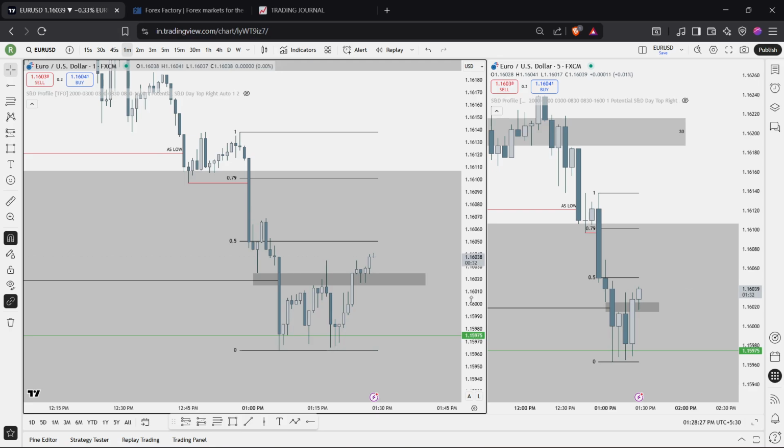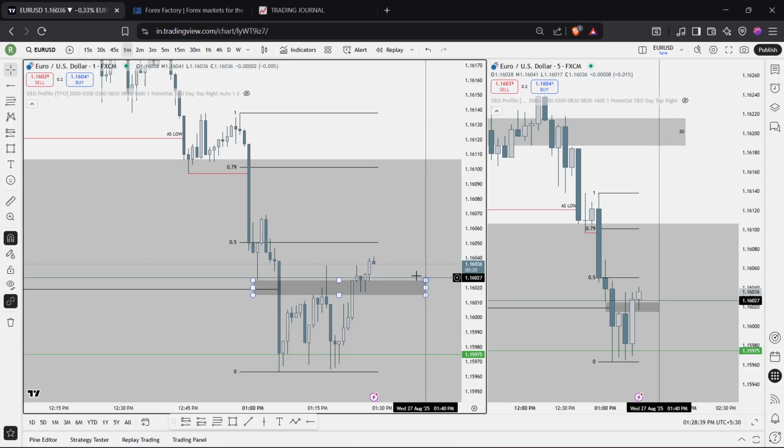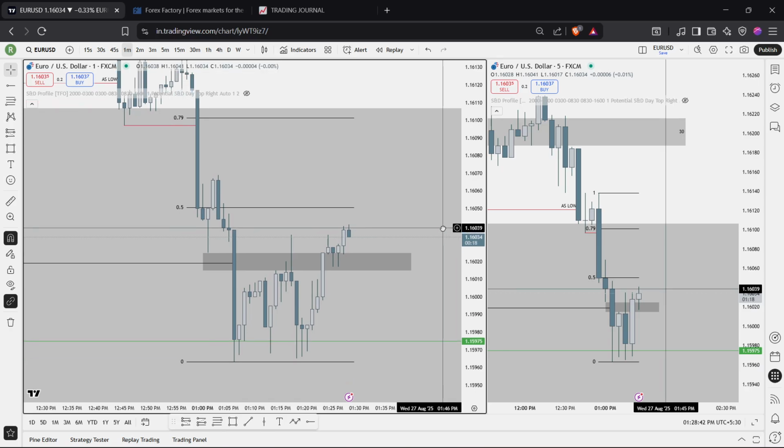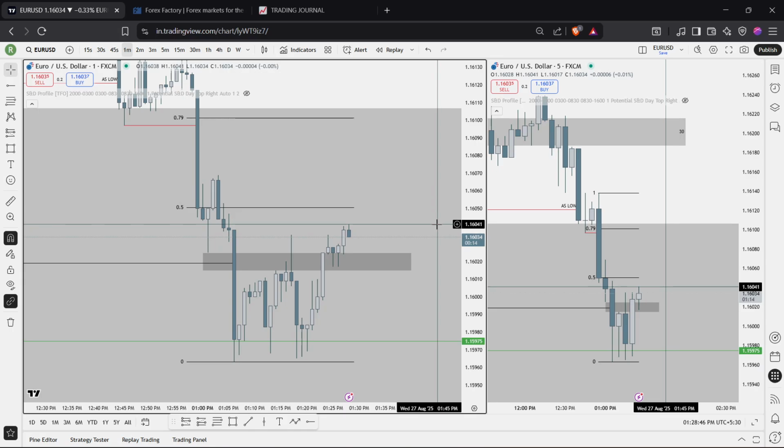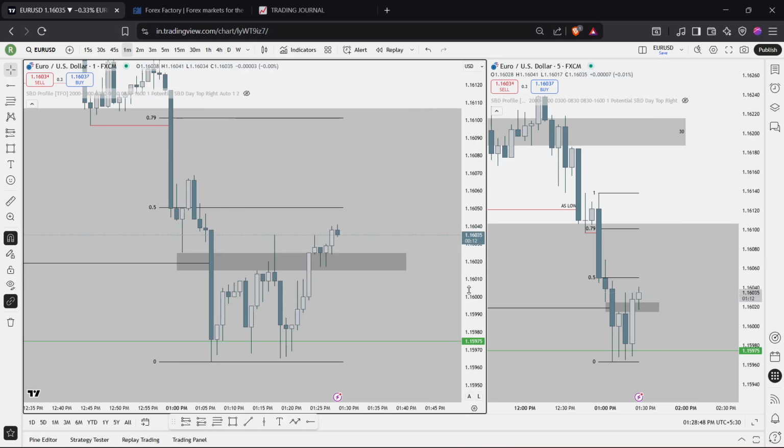I would like to enter a very little position here based on just draw on liquidity. Maybe I'll enter half my position. The 1 hour will close in 1 minute 16 seconds.